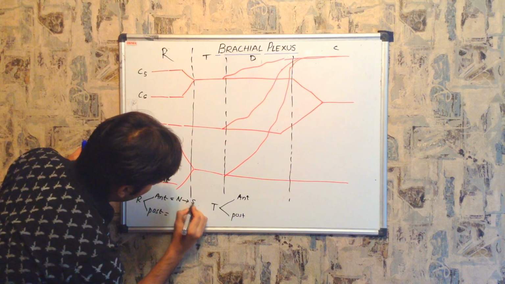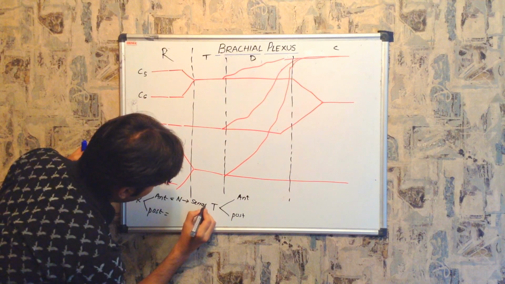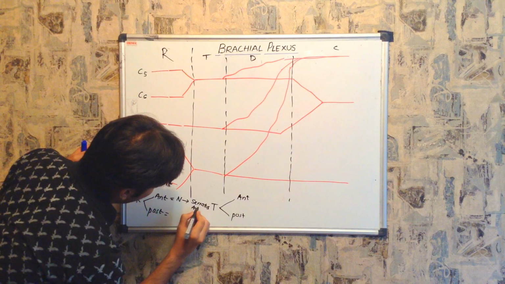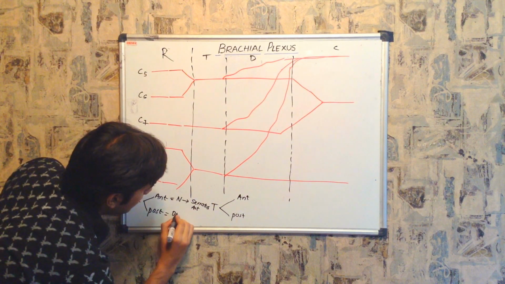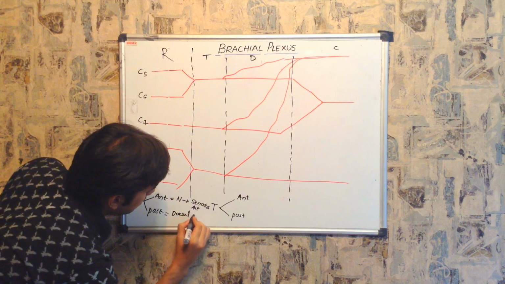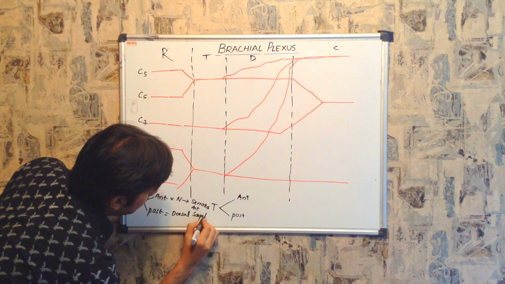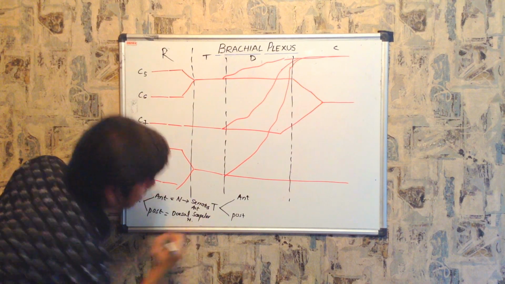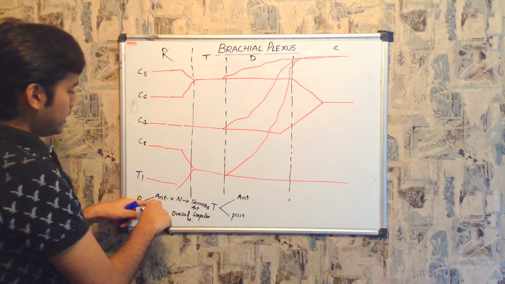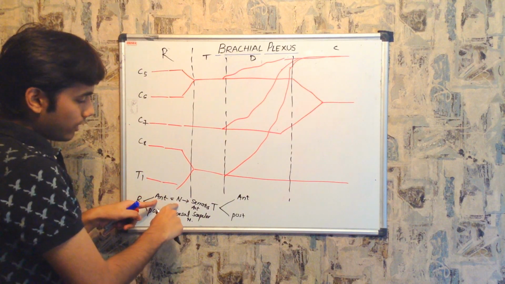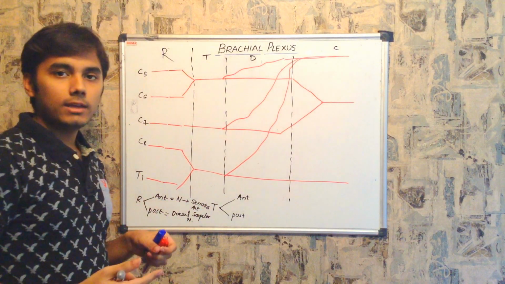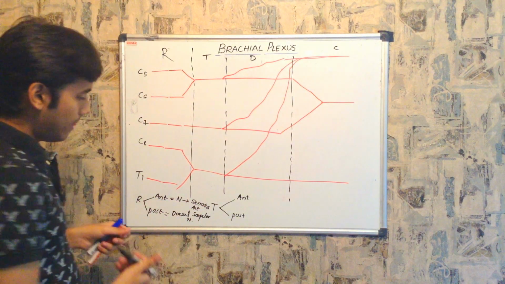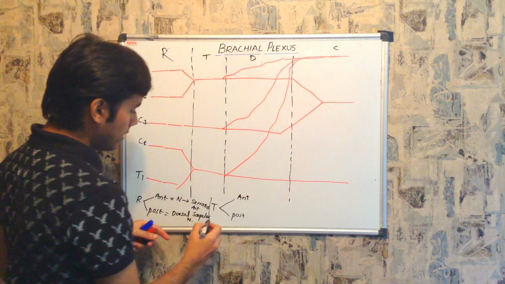And next the posterior branch is the dorsal scapular nerve. One important thing is that this anterior branch gives out a nerve called the nerve to serratus anterior. This nerve is also named the nerve of Bell, B-E-L-L, Bell.